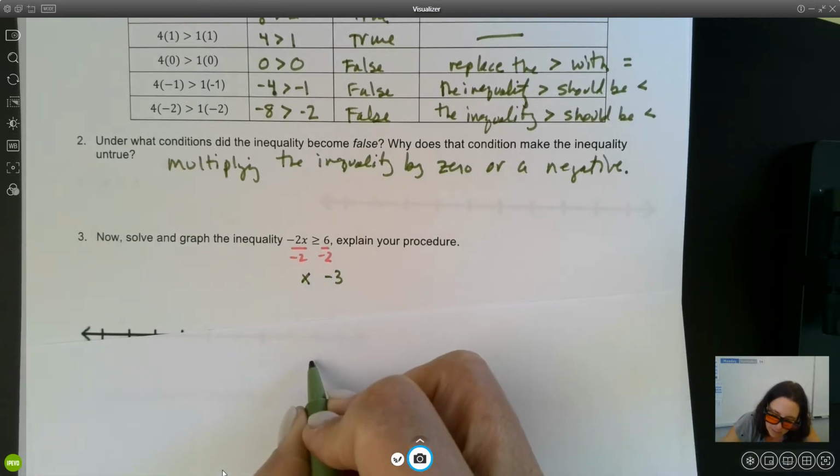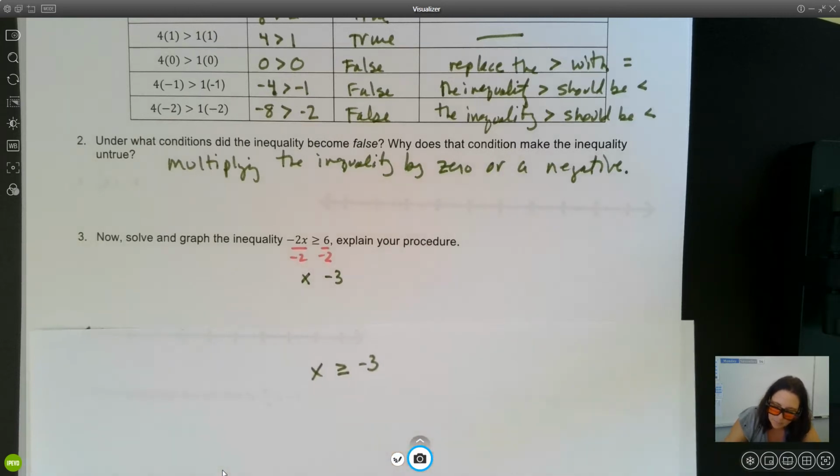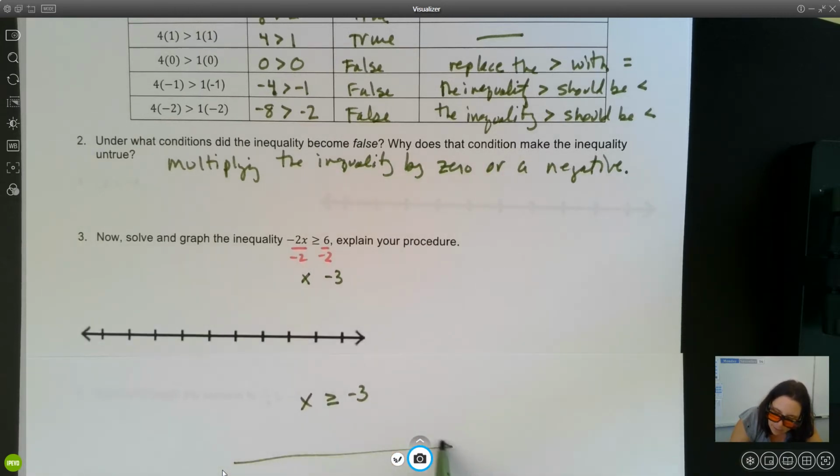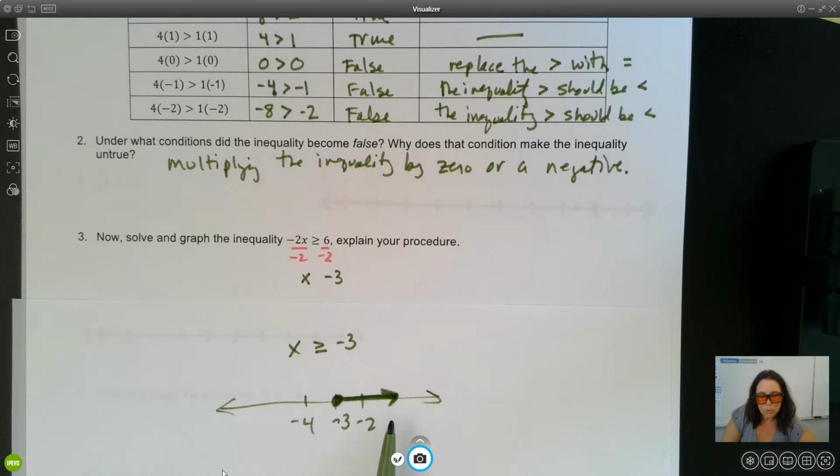So if we have x is greater than or equal to -3, the number line would be -4, -3, -2, closed circle shaded this way. Aren't you saying that 0 works? If we leave it like this, aren't we saying that everything over here works? So 0's over here.